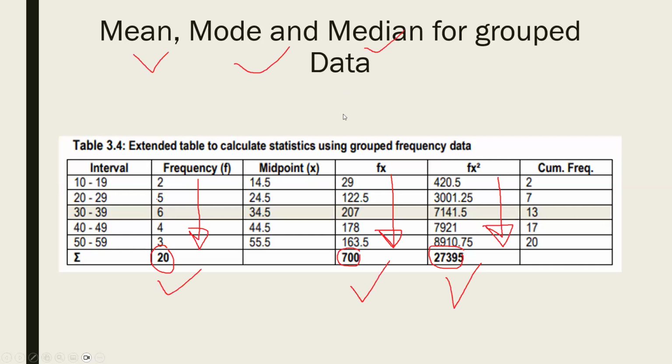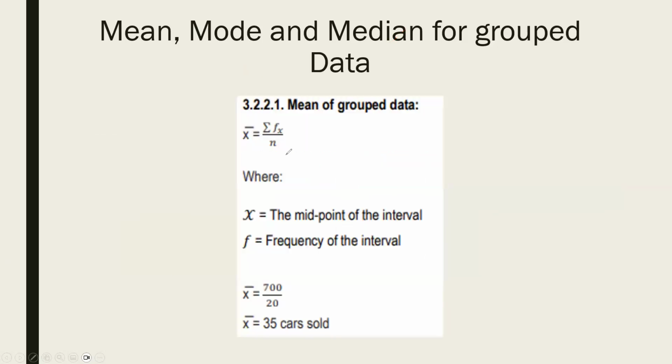So the mean now for grouped data, you can see that the formula is now different from the one that we did, because this is now another type of data, right? You see this E written in a weird way? This represents what we call summation. This is a statistical notation for sum, meaning you are adding.